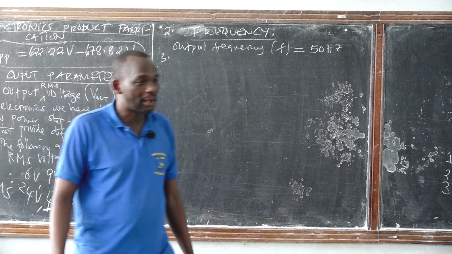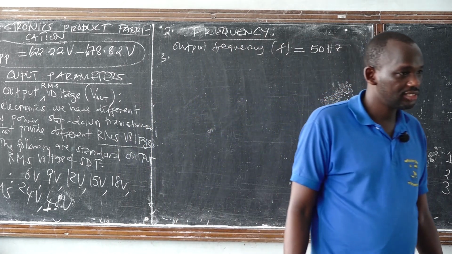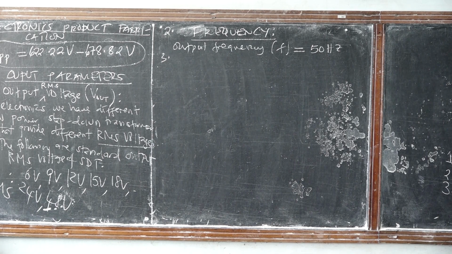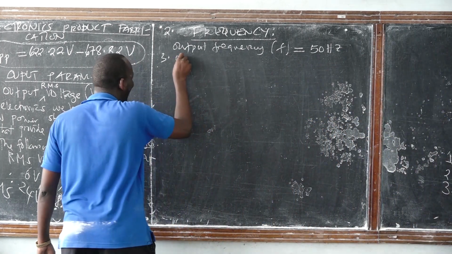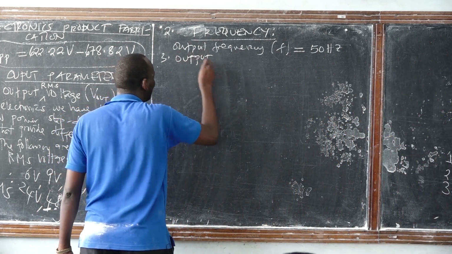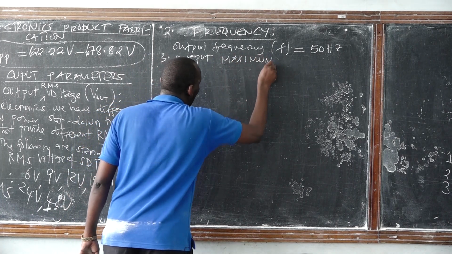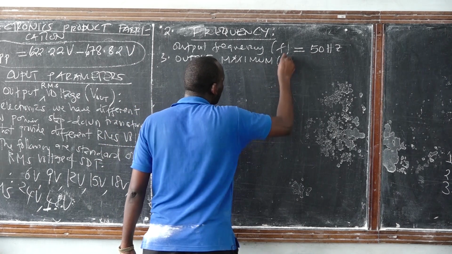Neema! The third parameter is what? Maximum, or what? The AKA of maximum is what? Peak. The AKA of peak is what? Output maximum, or peak.